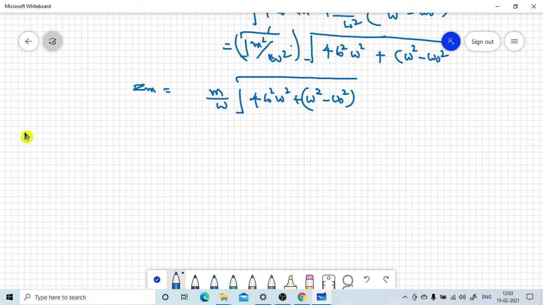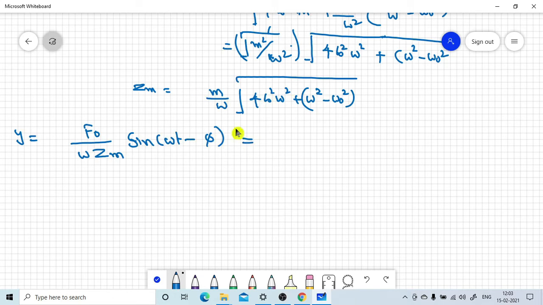So what about y? Y is equal to, what is the formula? Y is equal to the applied force magnitude f naught divided by the mechanical impedance Zm, into sine of omega t minus phi. This is the function.